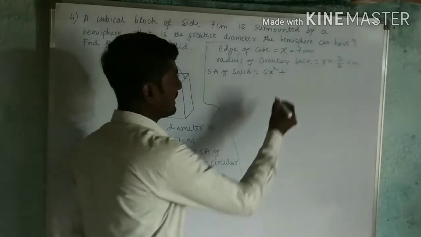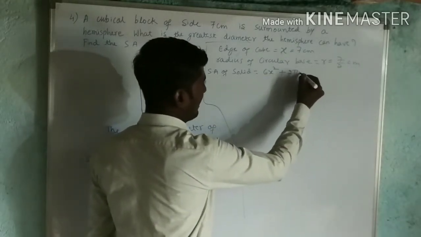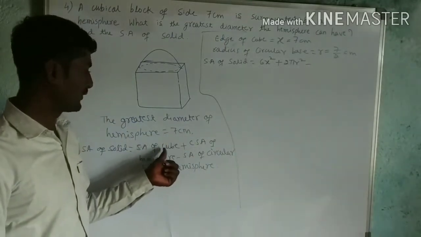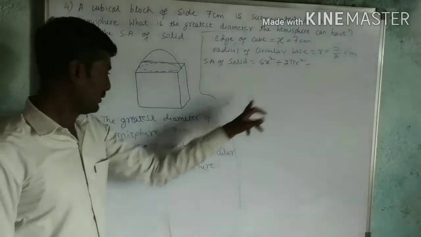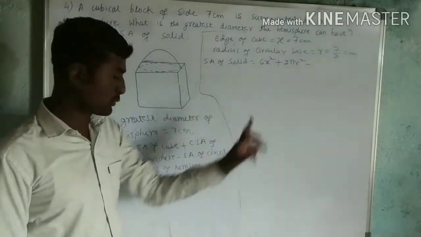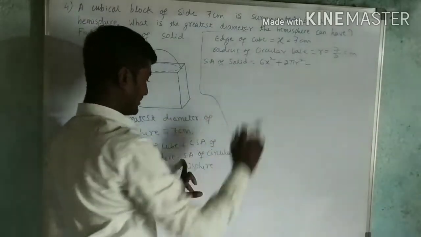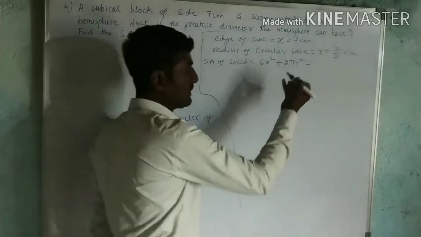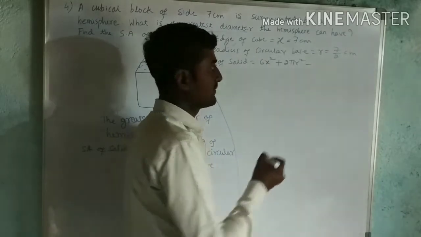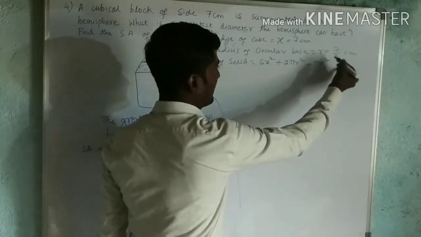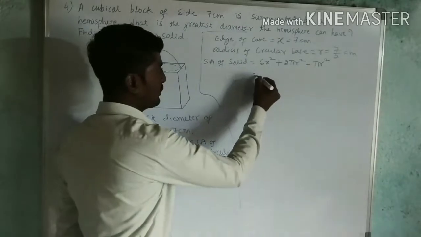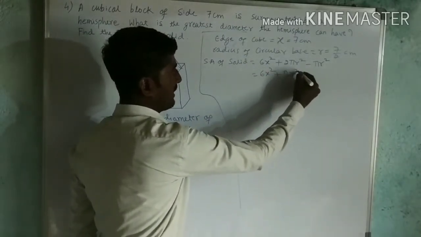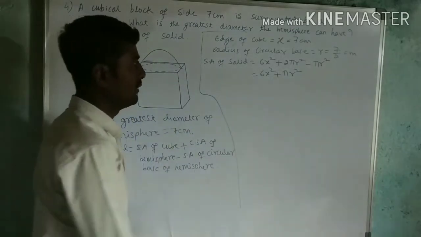CSA of hemisphere is 2 pi r square. Minus the surface area of the circular base of the hemisphere, the area of the circle, which is pi r square. So this is equal to 6x square plus 2 pi r square minus pi r square, that is pi r square.